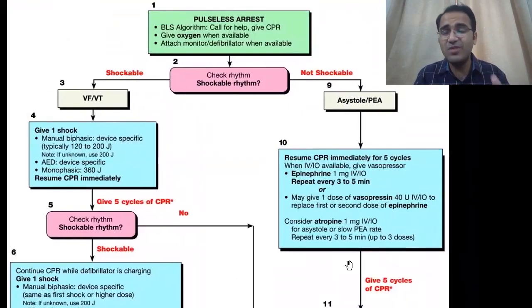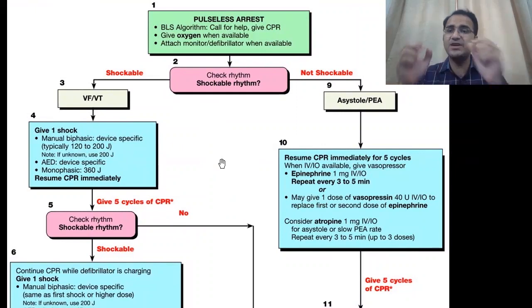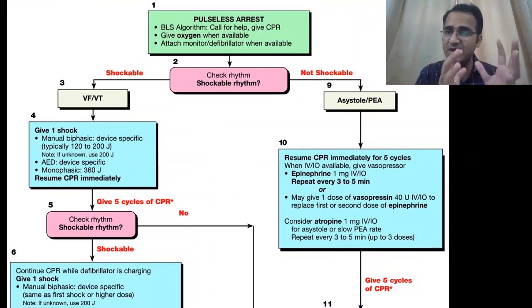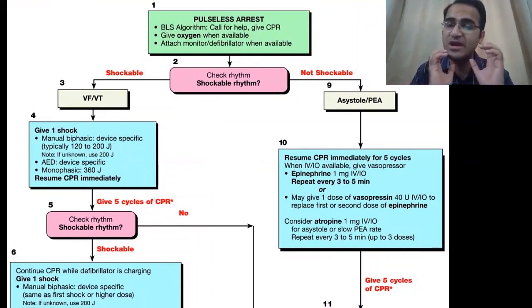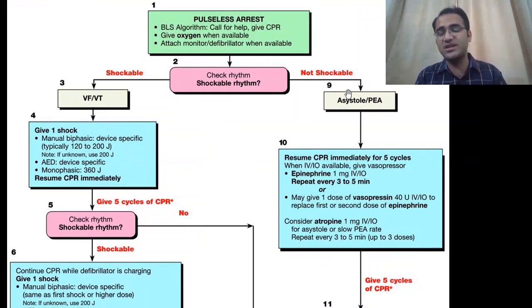Now, this was all about the shockable rhythm, in which you gave CPR and you shocked the patient. Then you gave epinephrine, then you started CPR and you shocked the patient, and then you gave amiodarone. What if the patient is having a non-shockable rhythm? What if the patient is having an asystole or a pulseless electrical activity that is not consistent with VFib or VTac?